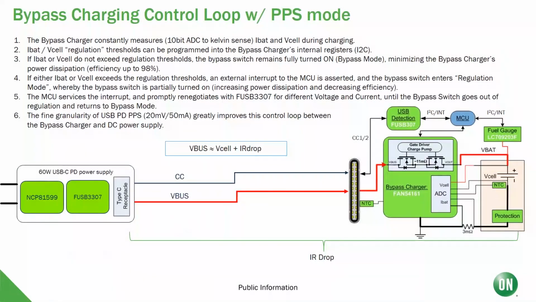The purpose of the PPS is for direct charging. We say it's bypass charging. On the left, there is a reference board. On the right side, if the battery is a 2S or 3S that needs about 9 volt or 10 volt charging, then the sink device can request the 9 volt or 10 volt or any voltage that it needs, including the IR drop.